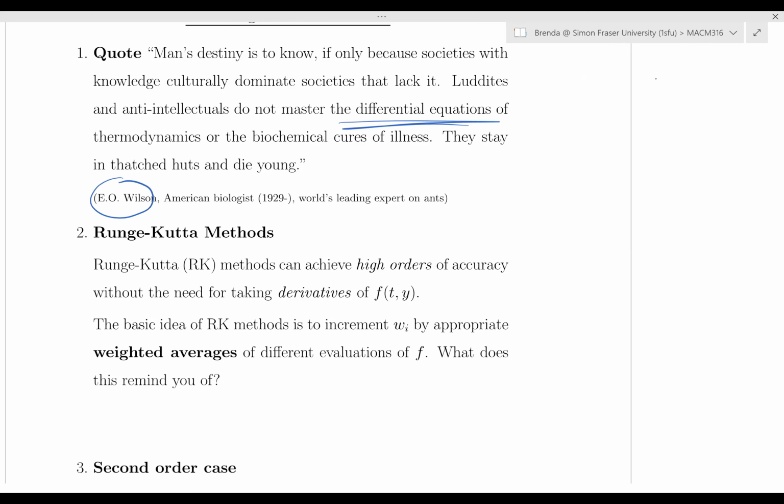I think he just recently died. He's the leading expert on ants. He also wrote a novel called Ant Hill, where the protagonist is an ant expert. It's actually really quite good. And he was at Harvard.